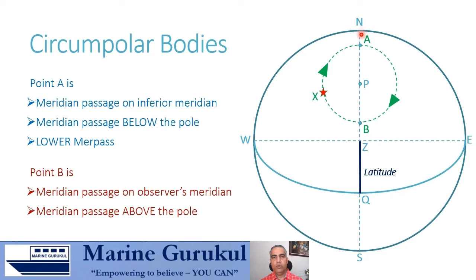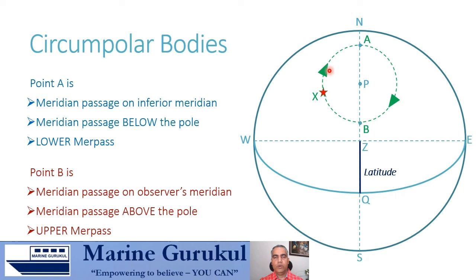The altitude of the pole is NP, November Papa, and the altitude of the pole is less than the altitude of the body. The body is at a higher altitude at point B. So that is why it is called meridian passage above the pole. It is also known as upper marpass or upper meridian passage, because at point B the body is above the pole, at an upper location than the pole.